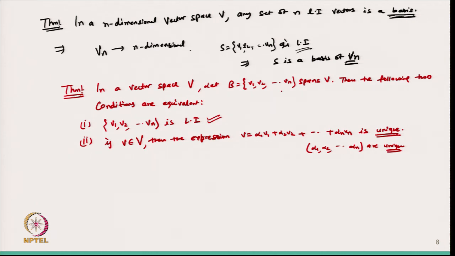If it is a span, then any element from V can be written as a linear combination of this one, and if this is linearly independent also, then we have seen that the corresponding matrix is non-singular, and we can have the unique solution. So, in that case the representation will be unique, and if the representation is unique, then it is linearly independent.